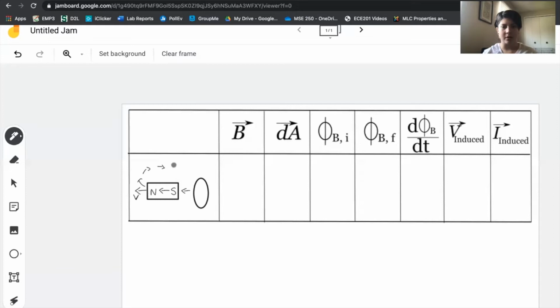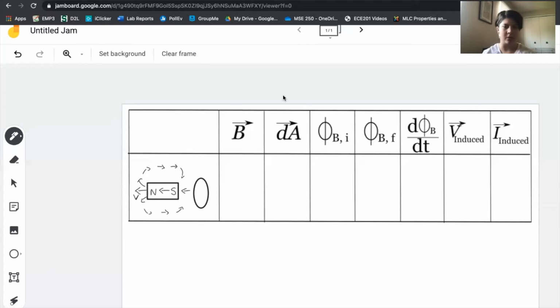And so these arrows relatively represent magnitude. And it'll come back around and it does the same thing on the other side. And this is very similar to the way that our Earth works with the magnetic north and south poles that we have.